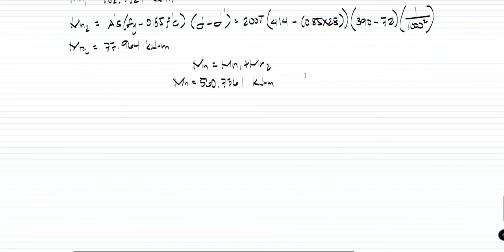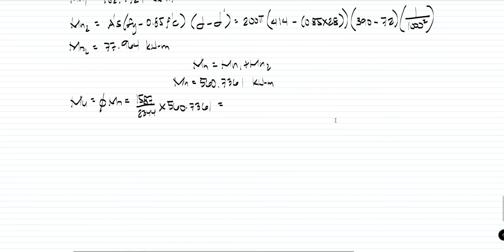Now, para makuha natin yung hinahanap na ultimate moment capacity, so that will be reduction factor times Mn. So, ang reduction factor natin is yung 1587 over 2344 multiplied by the nominal moment 560.7361.